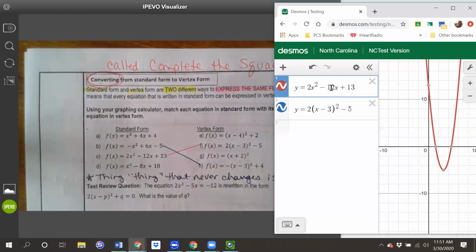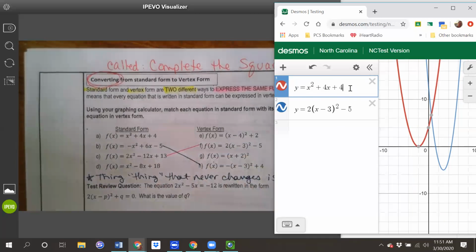All right, so now we just need to make a decision and test A. So x squared plus 4x plus 4. And this is where you might want to jump ahead of me and go with your gut. Is A going to be matched up with E or with G? Pause the video, punch it in, see what you come up with, see if your gut was correct.